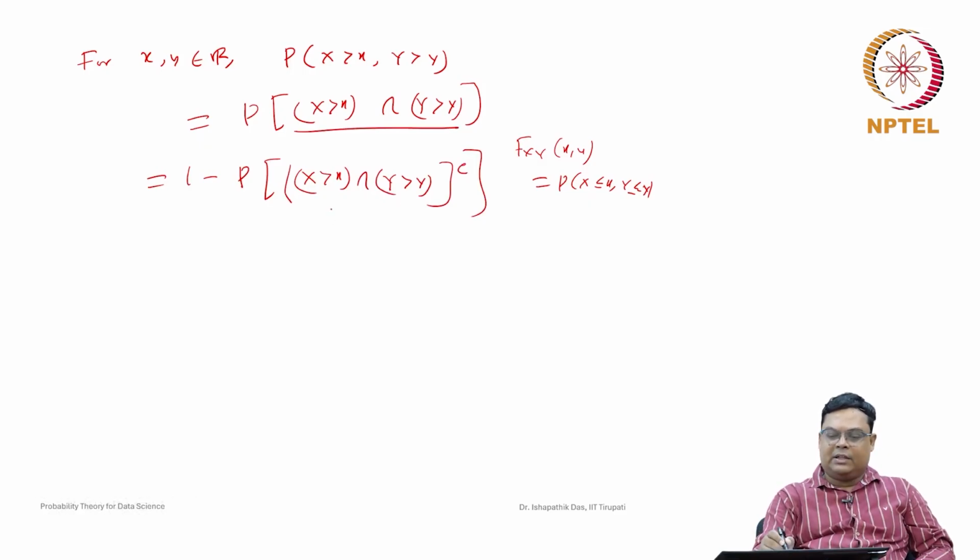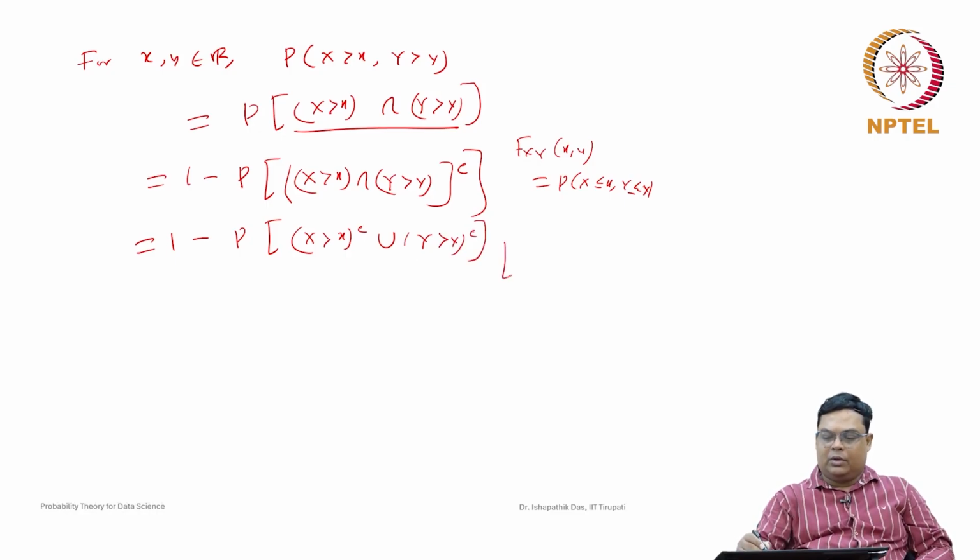Now, this is A, this is B. The complement of A intersection B can be written as A complement union B complement. This is a theorem: whenever we are taking the whole complement, we use this result. So A intersection B complement is nothing but A complement union B complement.